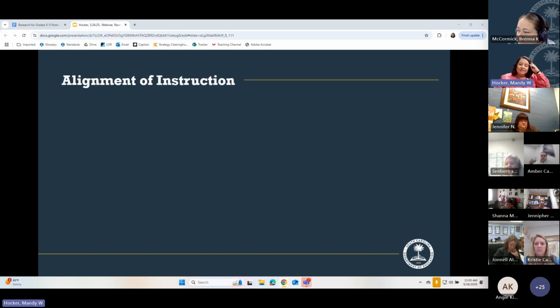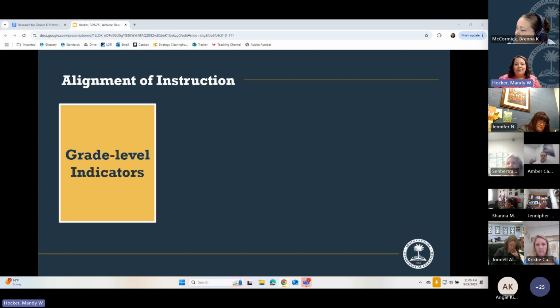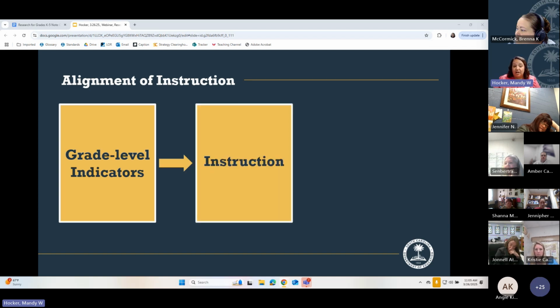So this is a slide we often use as we talk about instruction. It's important to remember that our instruction should align with the intent of our grade level indicators. This instruction helps us determine how we might then instruct our students, but then also formatively assess our students' learning.